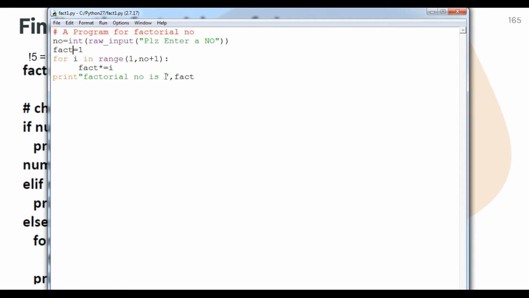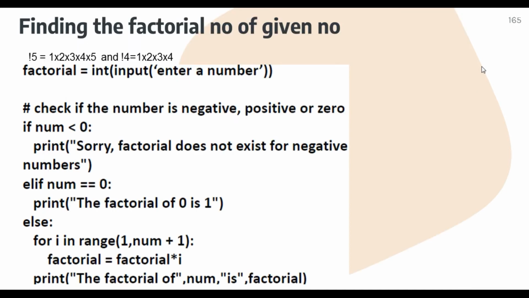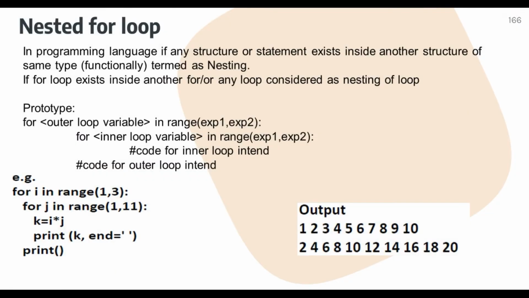I hope you will do the whole program step by step, without losing the quality of the program. The format will be the same. First check whether it is 0, or negative. At last, if it is a positive number, you will process the logic, and show me in your classwork copy.